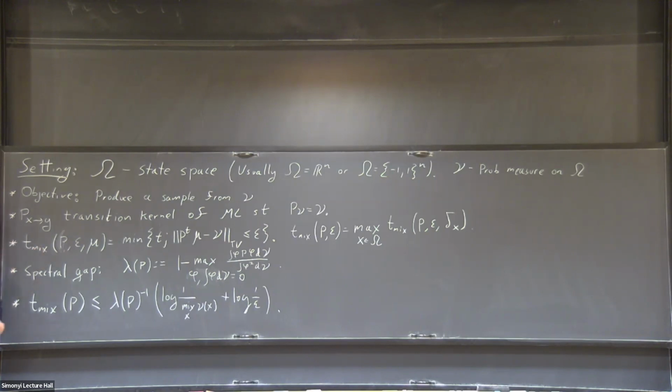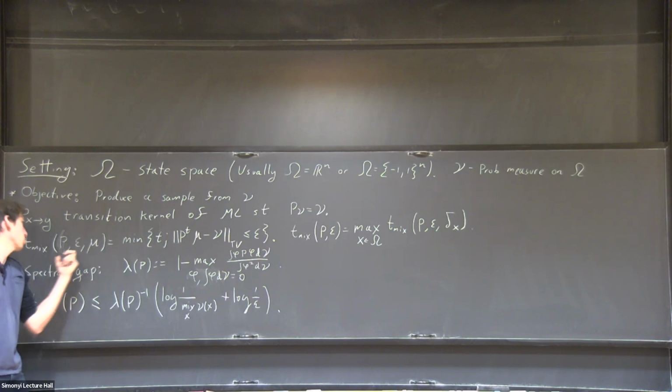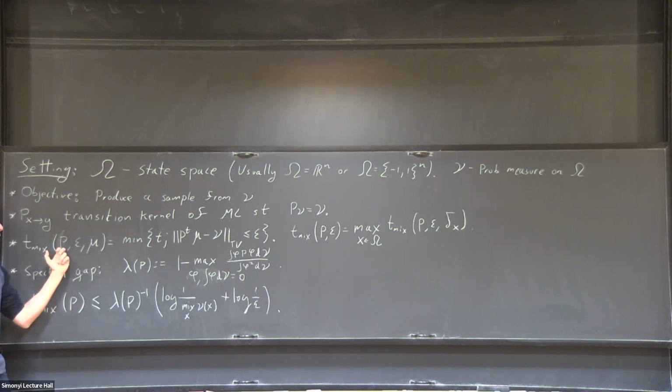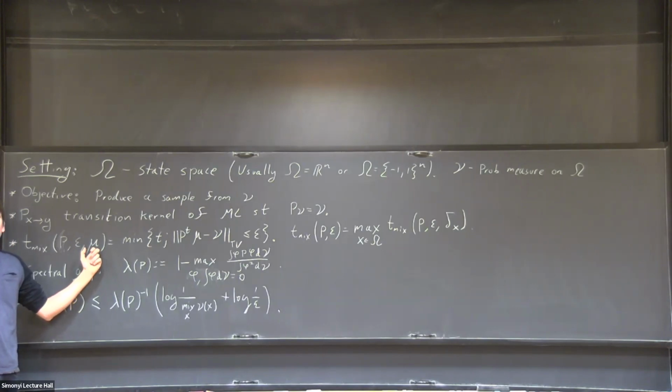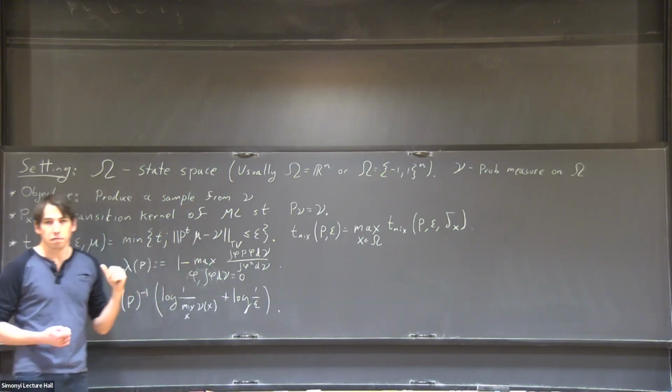And this motivates us to define the mixing time of a Markov chain, which is the following thing. It's the smallest time such that, so this is the mixing time given a Markov chain, some epsilon, and a starting measure mu. Suppose I can produce a sample from some fixed starting measure. I take mu and I run t steps of the random walk.